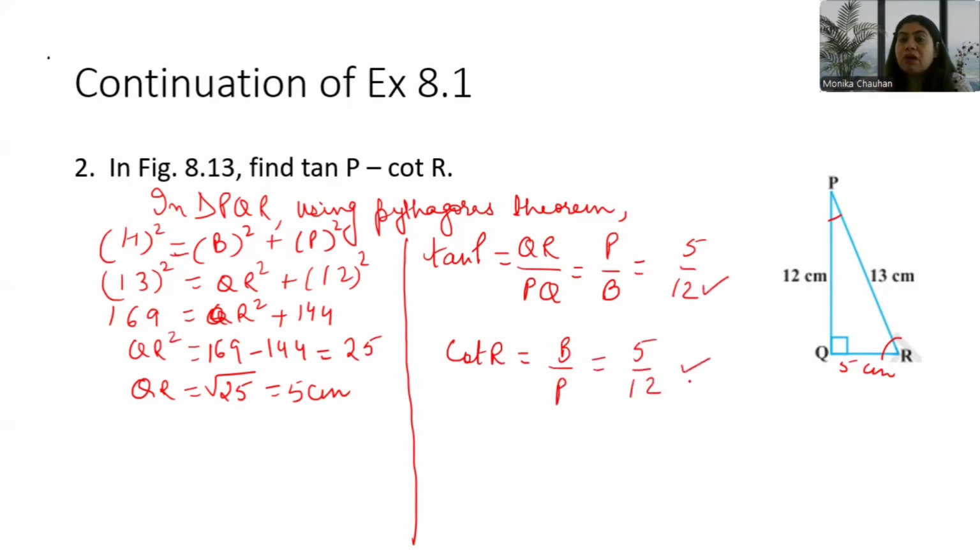Both are the same. For tan P and cot R, both the values are the same. So when you calculate tan P minus cot R, this is equal to 5 upon 12 minus 5 upon 12, which is equal to 0. So that's my answer.